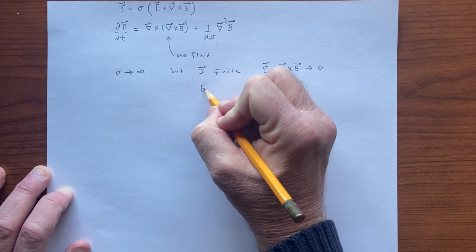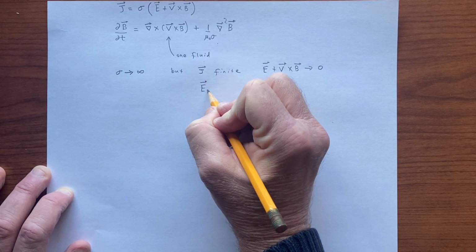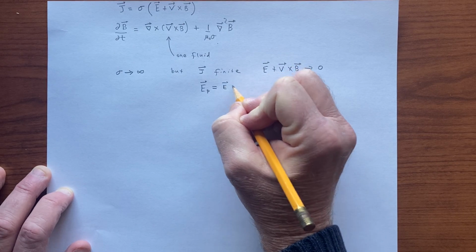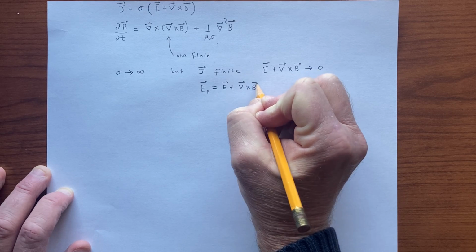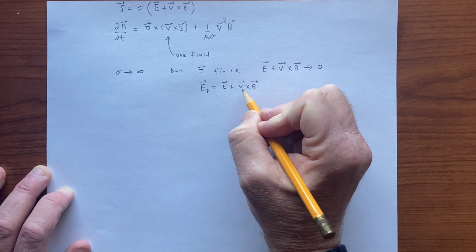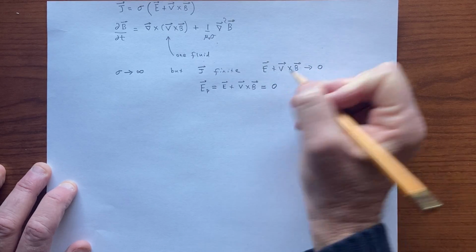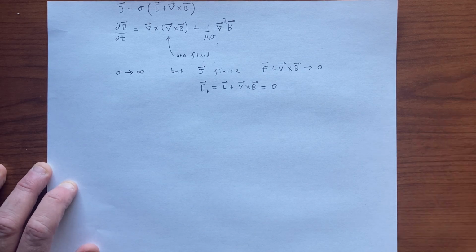And when we do a transformation in relativity, you can see that this kind of a quantity is just the electric field in the frame that's moving with this velocity v. So it's the proper electric field, and the proper electric field therefore must be 0 because the conductivity is effectively infinite.